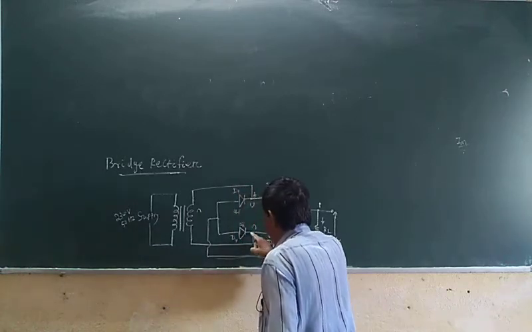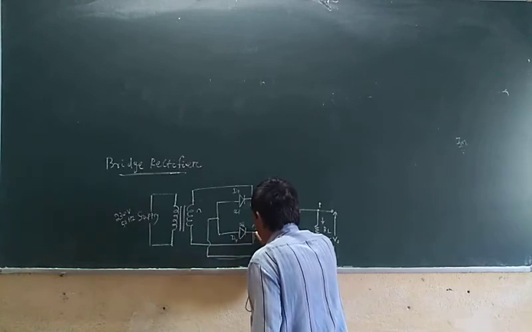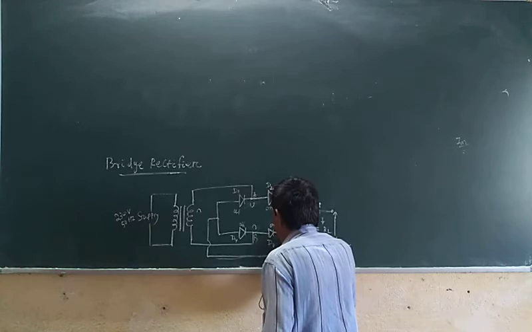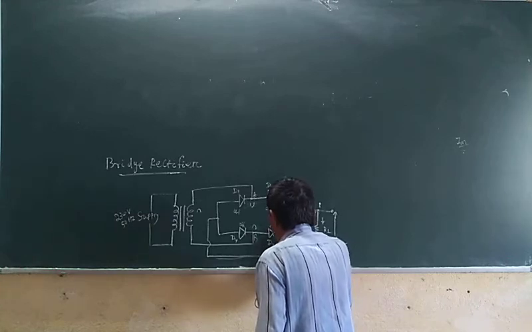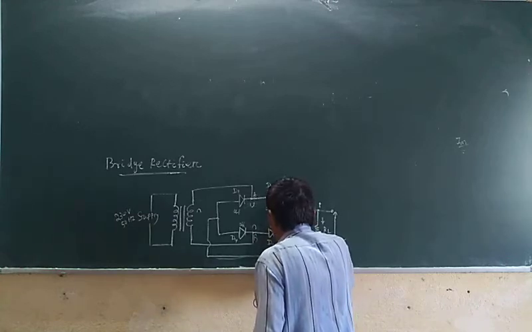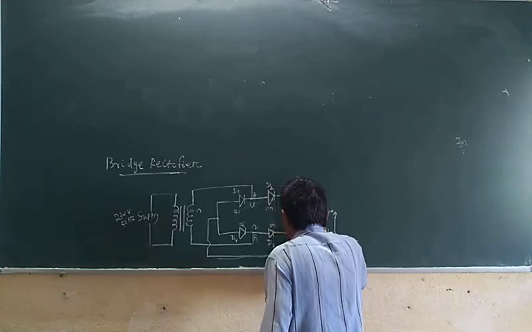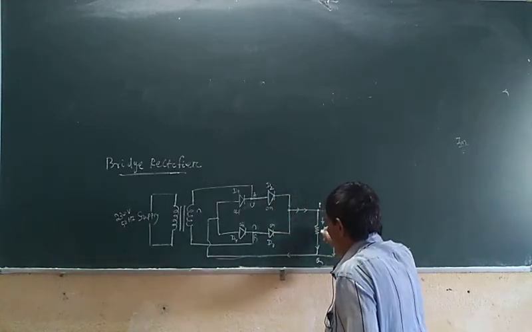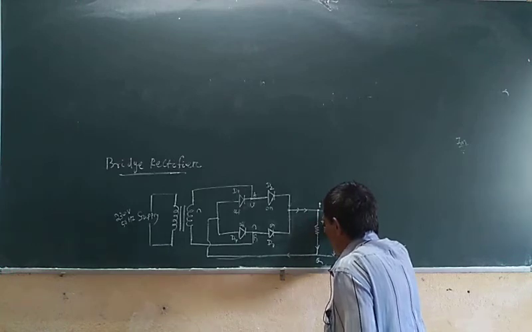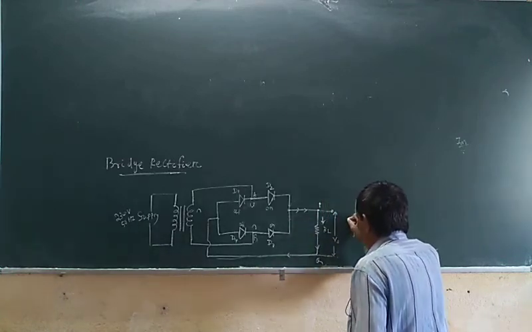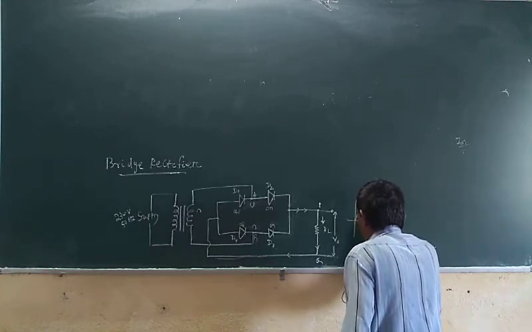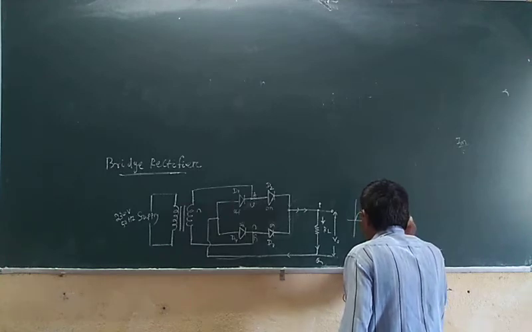So this current is conducted by diode D3, reaches that point, and again passes through the load from P to Q. In the same direction in both half cycles, the rectifier output will be positive, a full wave like this.